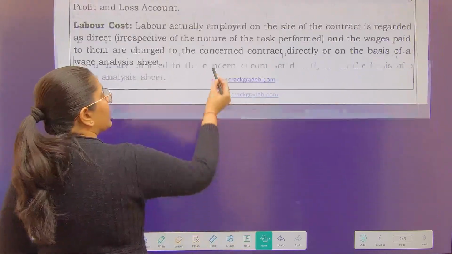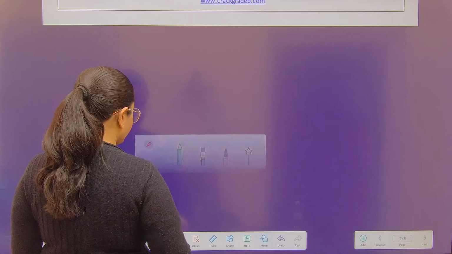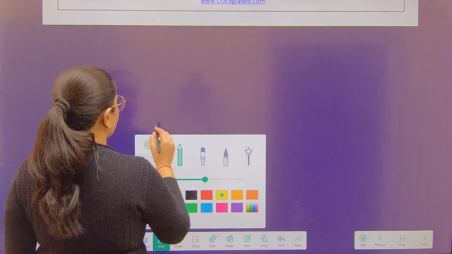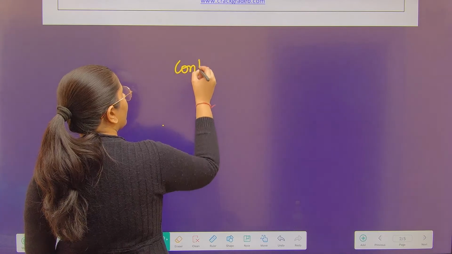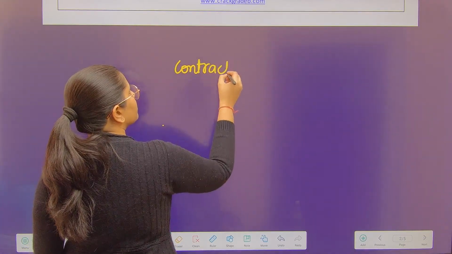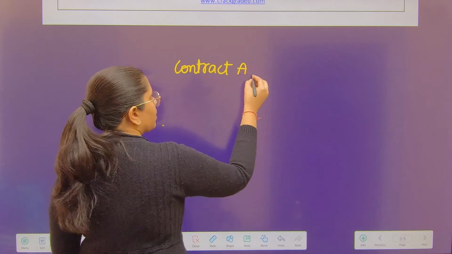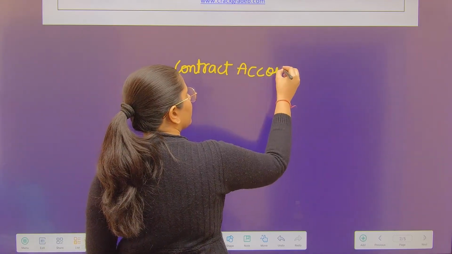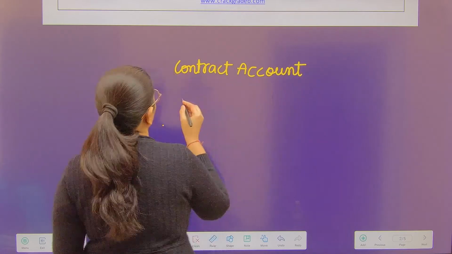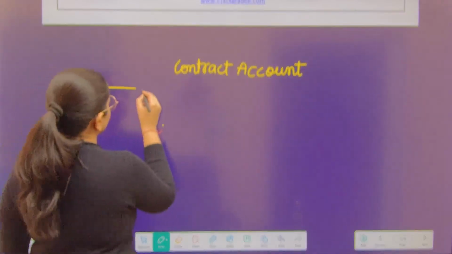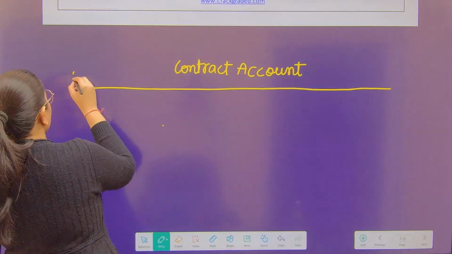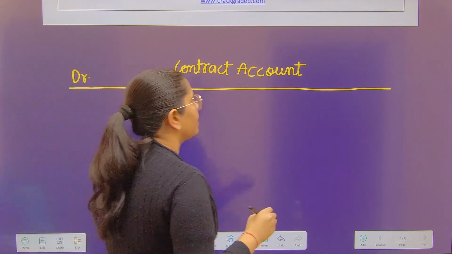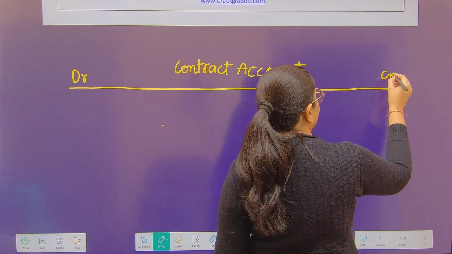Now, what is a contract account? I'll tell you. Do not focus on the nitty-gritties of it, just focus on the common sense, right? So, when I'm preparing a contract account, this is the debit side, this is the credit side, right?